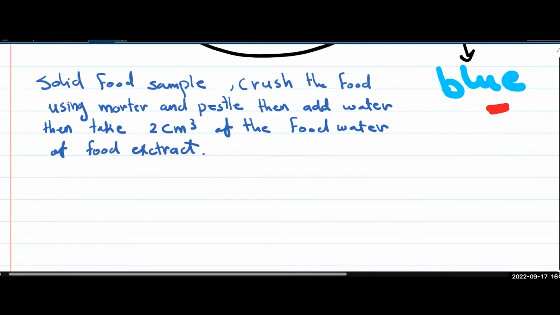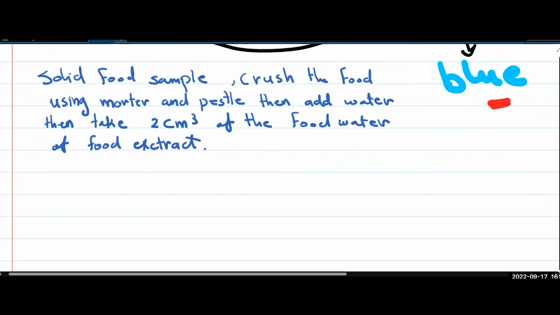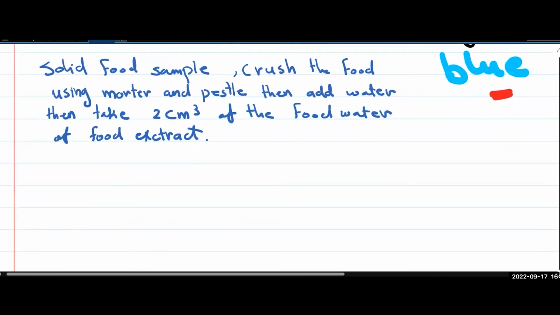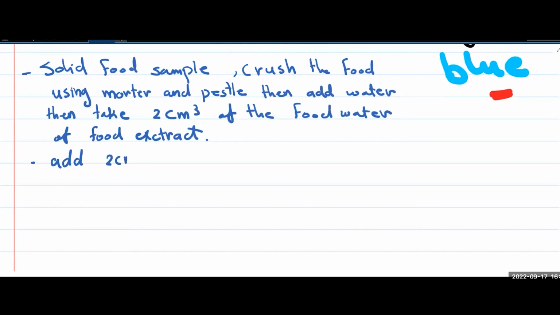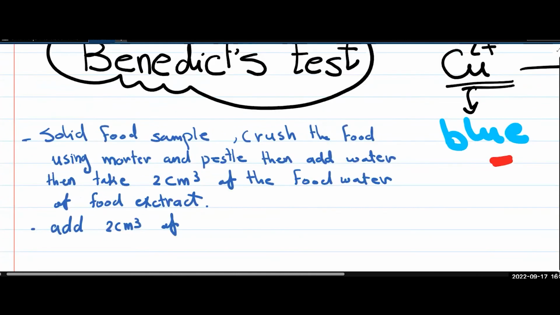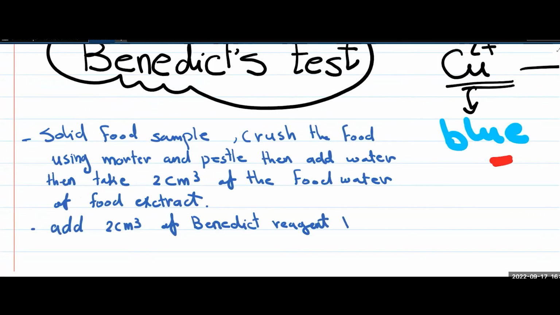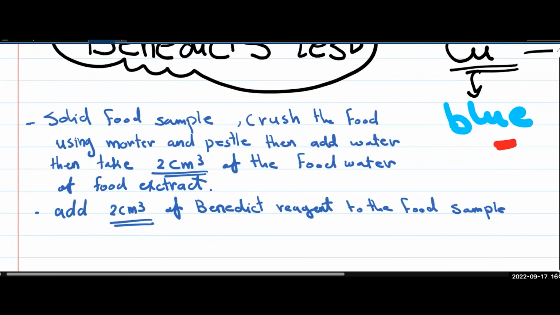If it's liquid, directly I will take 2 centimeter cube of the liquid. Okay, so next step, add 2 centimeter cube of Benedict reagent to the food sample. Pay attention here. We have to add an equal amount of the liquids from the food and from the reagent.